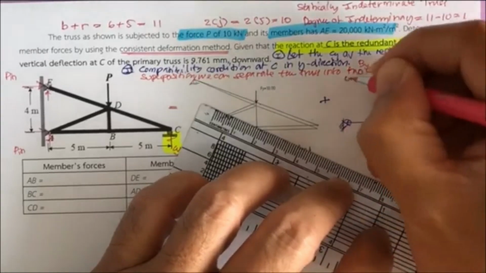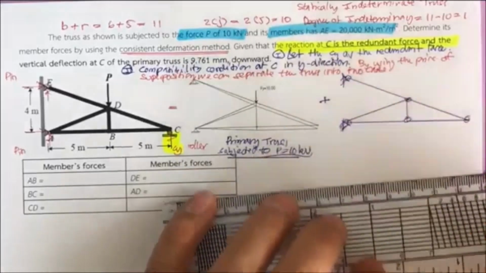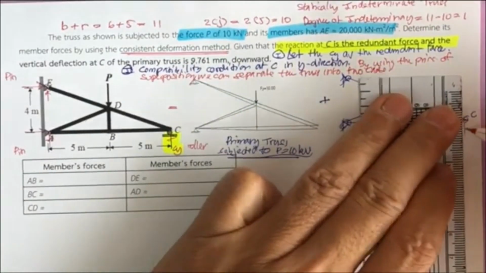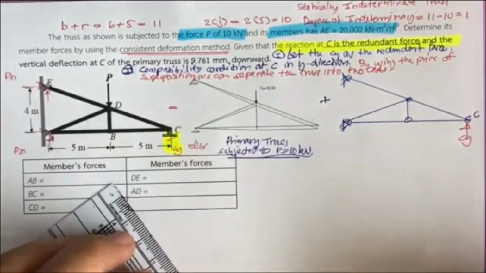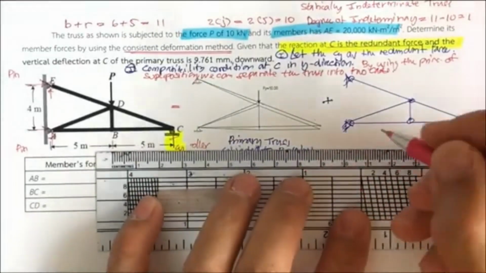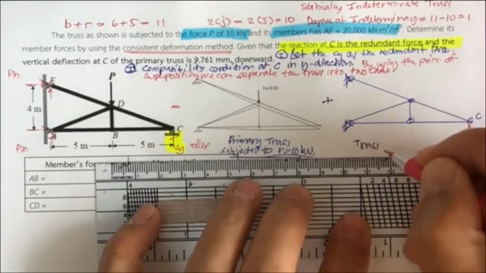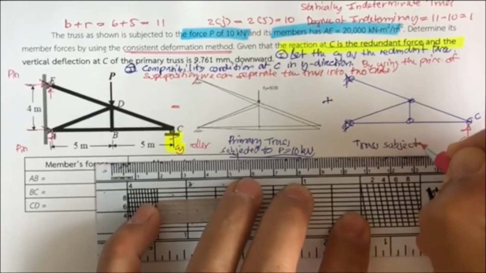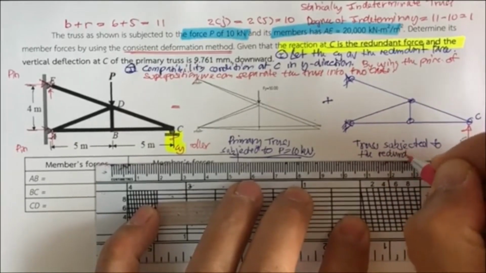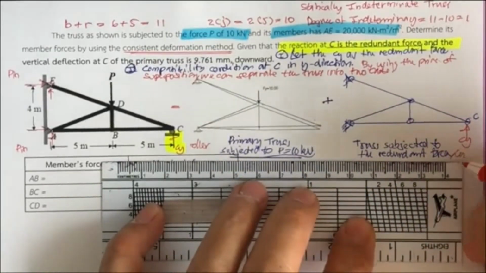So this is going to have the pin and has the free end at point C. So at point C, this is going to have the C sub y, and when you separate into this one, this is the primary truss subjected to the given load. This is going to be the truss subjected to the redundant force C sub y.